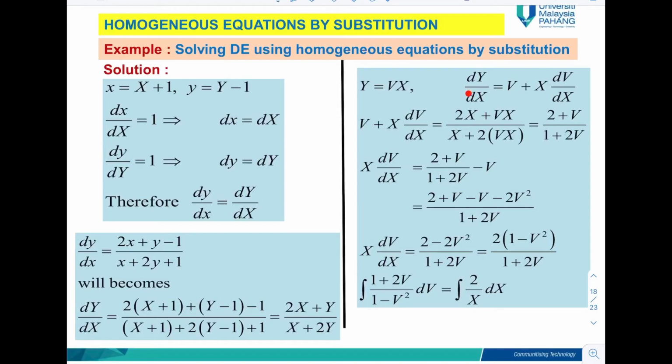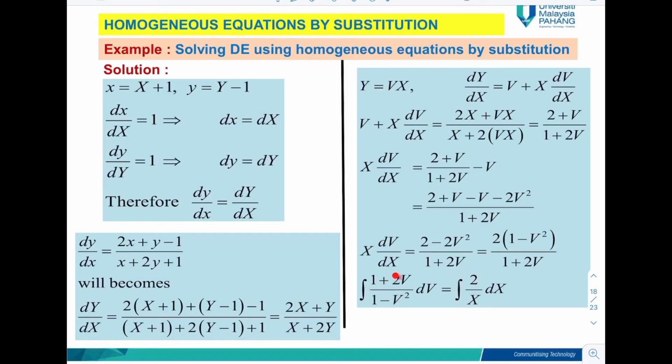We differentiate to have dY over dX equals v plus X dv over dX, and then replace everything. Same procedure, and then start your separable equation method and move terms to one side. Over here you will have (1 plus 2v) divided by (1 minus v squared), and over here we have 2 divided by X.